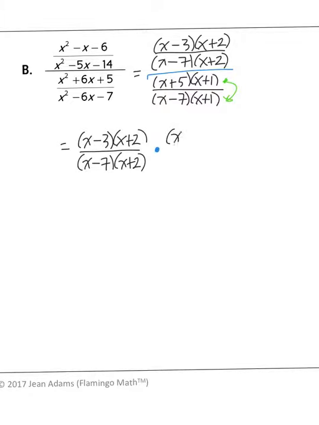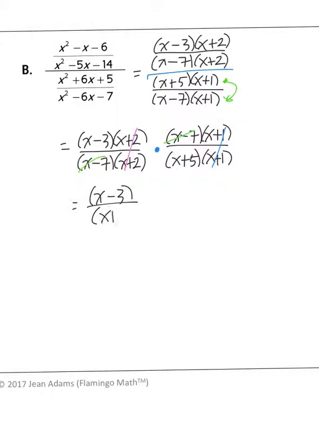So I've got x minus 7, x plus 1 up top, and x plus 5, x plus 1 on the bottom. The x plus 2's cancel, the x plus 1's cancel, and the x minus 7 cancels. So you're left with x minus 3 over x plus 5 with restrictions.